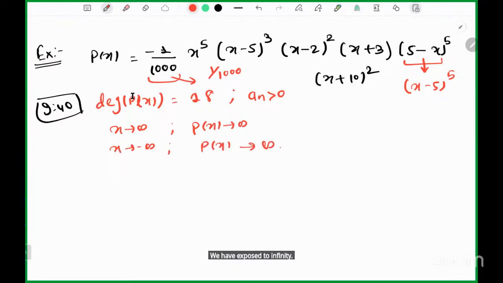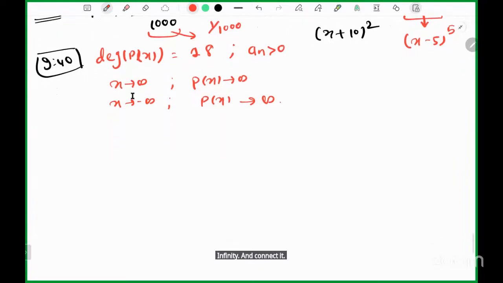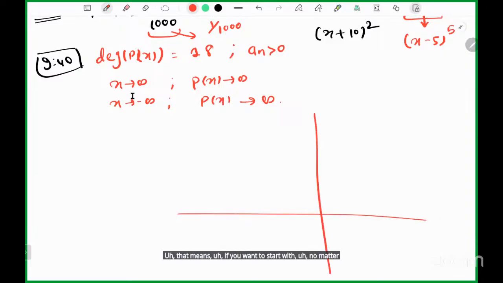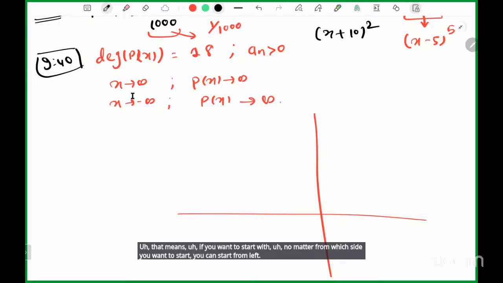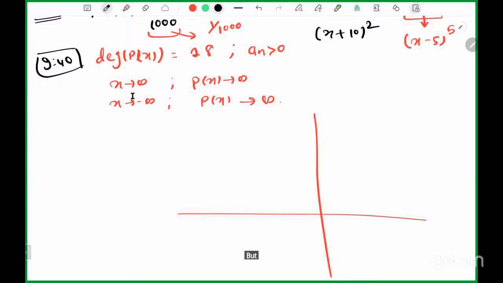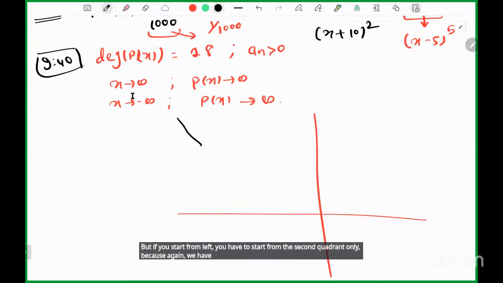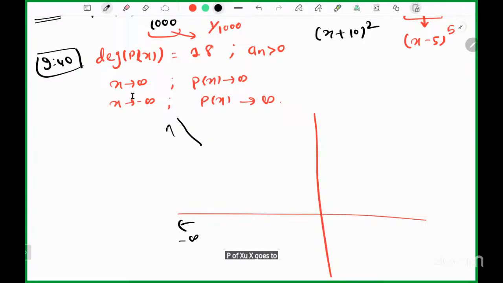Right. So now, that means no matter from which side you want to start, you can start from left, you can also start from right. But if you start from left, you have to start from the second quadrant only, because again we have the scenario as x goes to minus infinity, p of x goes to infinity.